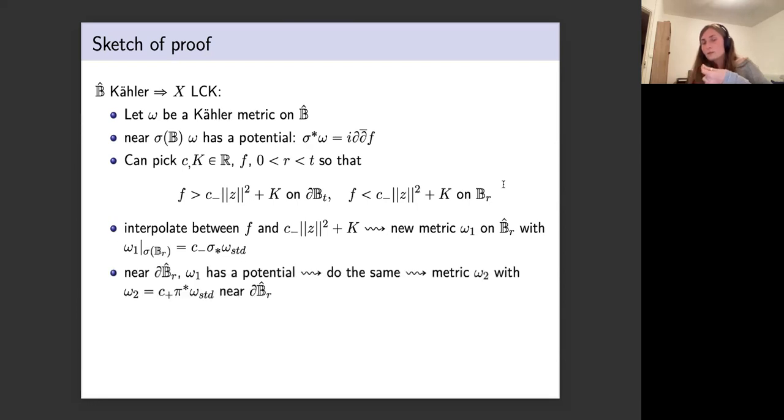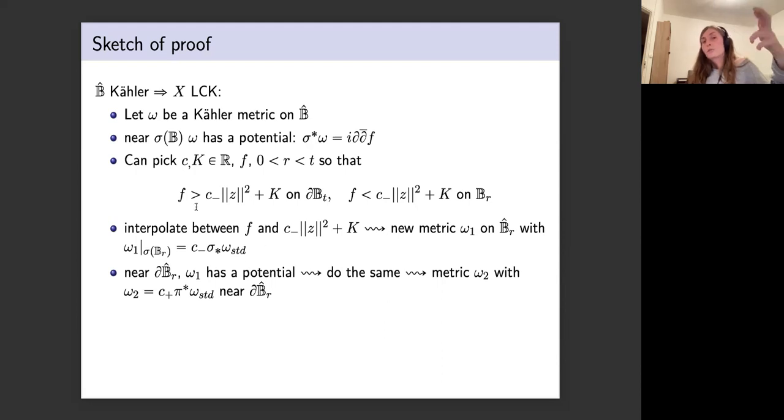And then you redo the same thing, but now you modify your new metric near the boundary of the modified ball, by the same sort of argument. Near the boundary of the modified ball, you again have a potential, and you again compare it to the standard modulus of z squared potential. Every time you compare it to this one, you have to change your constants.